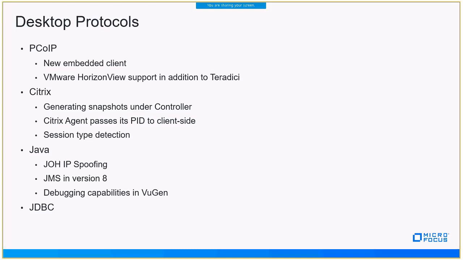In Citrix support, we are generating snapshots on the controller, added functionality to the Citrix agent so it passes its PID to the client side, and added session type detection. We've added support for JDBC connections, and in addition, we've added IP spoofing support for Java over HTTP.